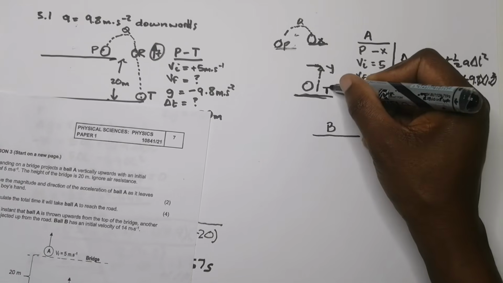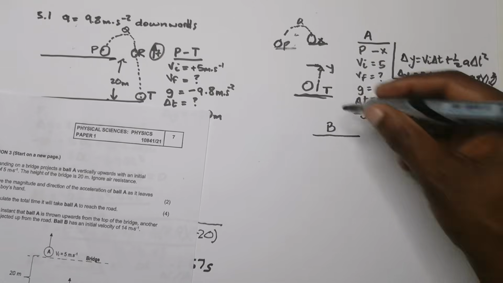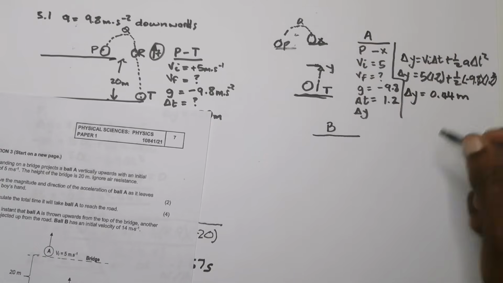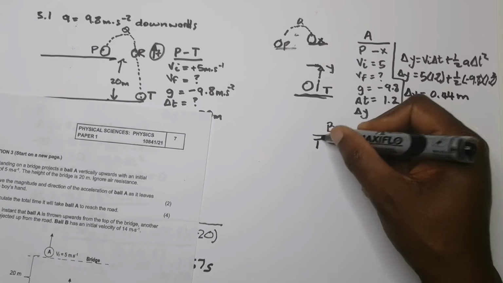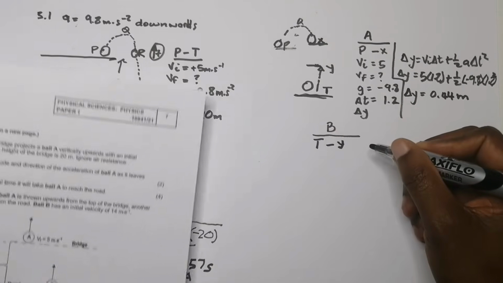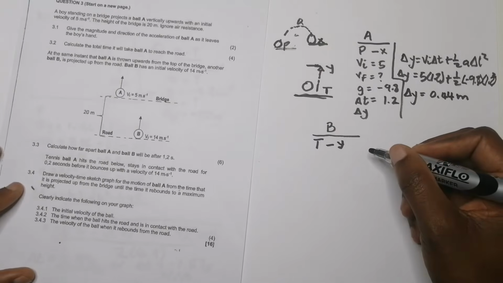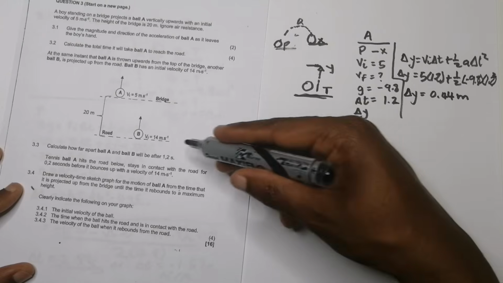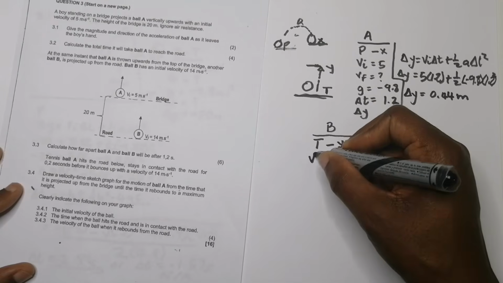So this is point T, so this is between T and Y. I'm going to say this is T to Y. What is my initial velocity? That's when it was from the ground there.